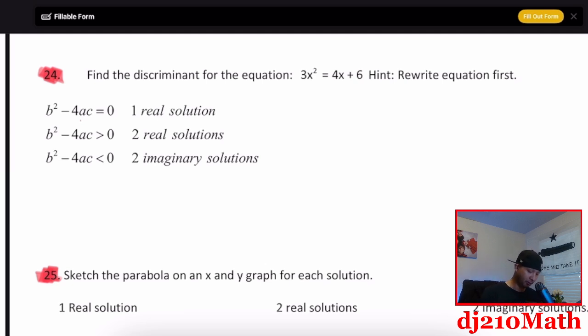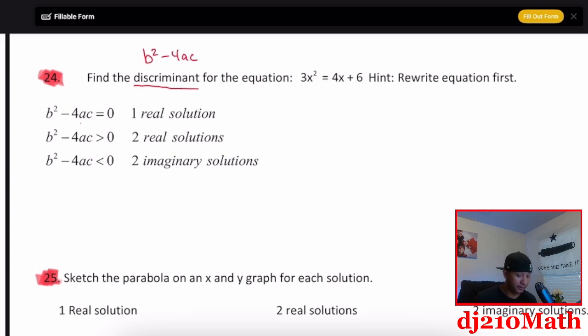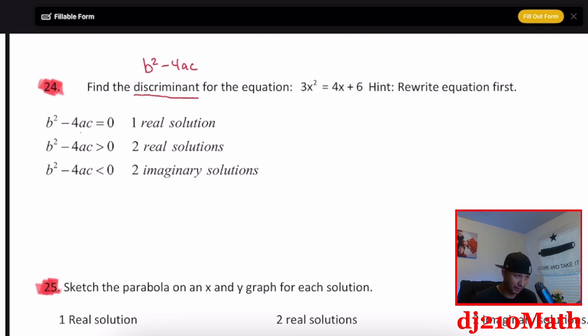All right, 24. Find the discriminant. The discriminant is the inside part of the square root in the quadratic formula. So b squared minus 4ac. Notice I didn't put the square root because the square root is not part of the discriminant. It's the inside part that's the discriminant.